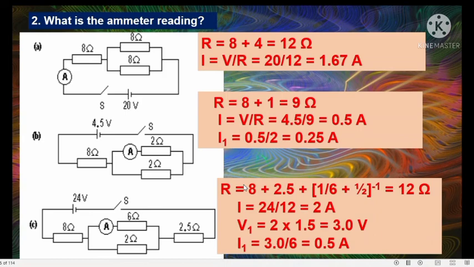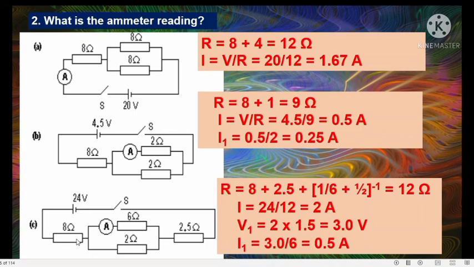Part C, total effective resistance. For the parallel part, you calculate 1 over 6 plus 1 over 2, and then you just add, you will get 12 ohm for the whole circuit. Total current, total voltage divided by effective resistance equals 2 ampere.